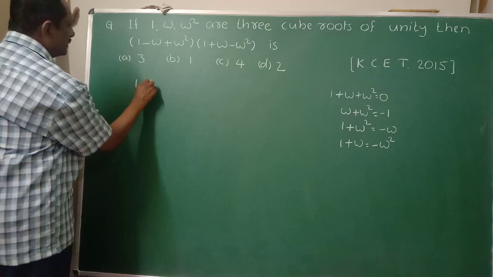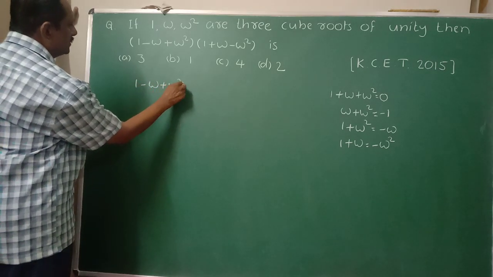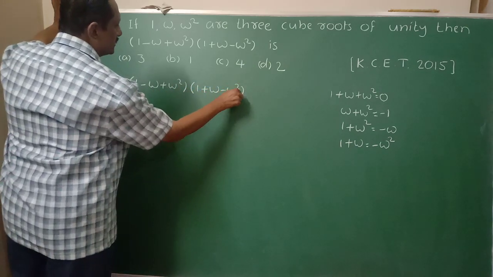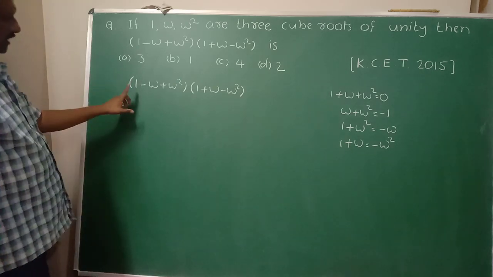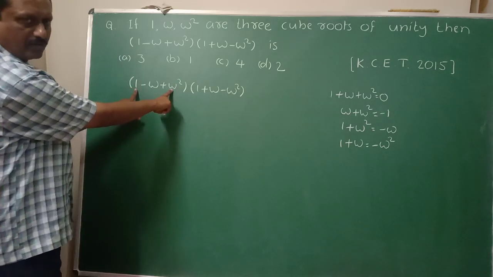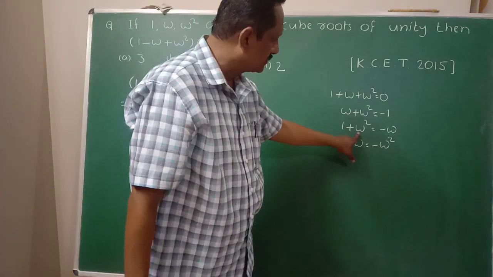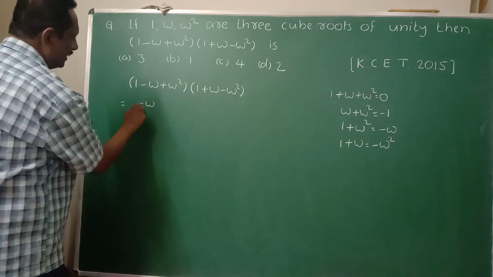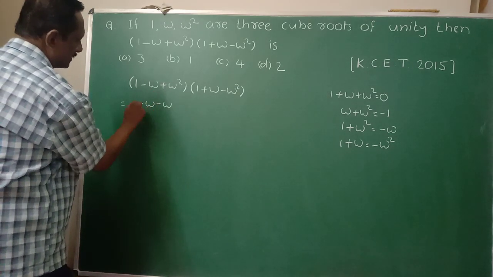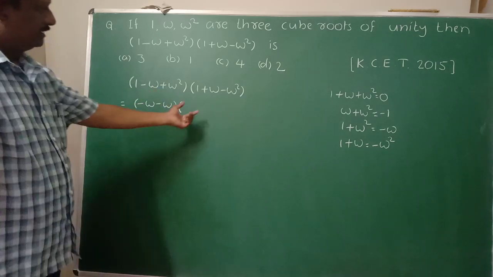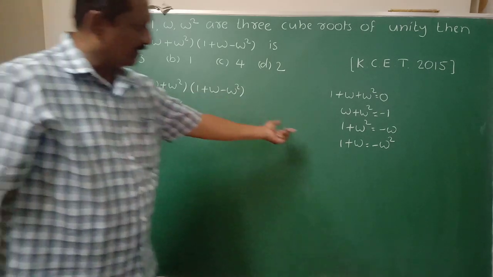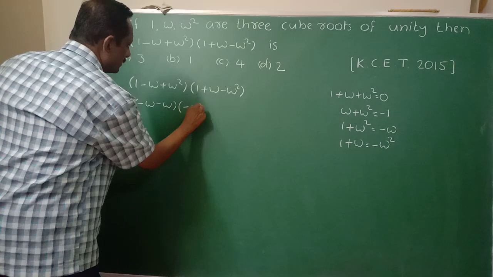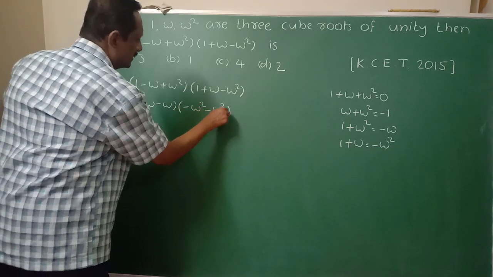So 1 minus of omega plus omega square into 1 plus omega minus of omega square is equal to. Take this 1 plus omega square: 1 plus omega square is minus omega, and minus omega is kept as it is in the bracket. Next, 1 plus omega is minus omega square, so it is minus omega square minus omega square.